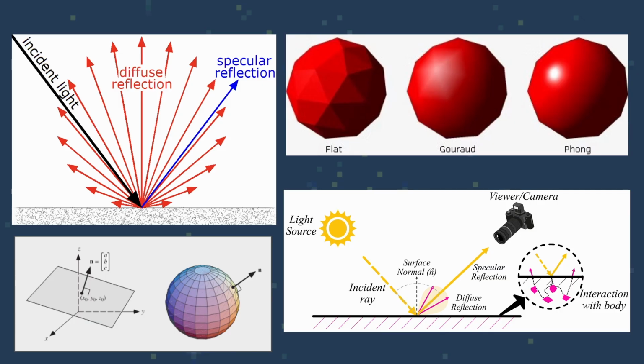A next step up from that is Gouraud shading, which sort of does the same thing as flat shading, except now you're also taking a look at the vertex colors. And this is what most low poly games did back in the day. They didn't have a specular highlight portion.